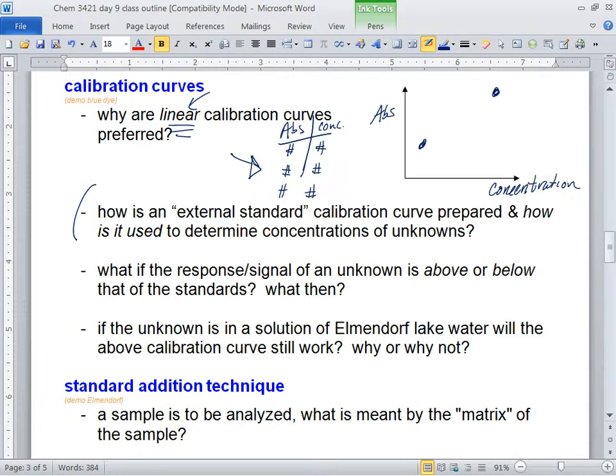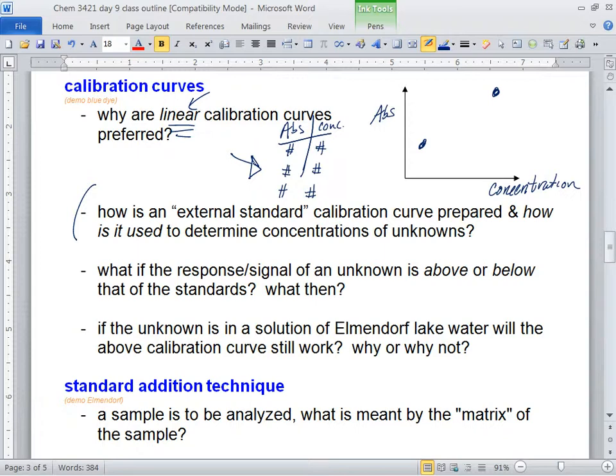Make up a bunch of standards. Here's three of them, and here's some stock solution. We can do that whole MiVi equals MfVf game and calculate the concentration of our standards from this stock solution, just by taking out different little amounts of Vi and putting them in, filling them up to the mark.